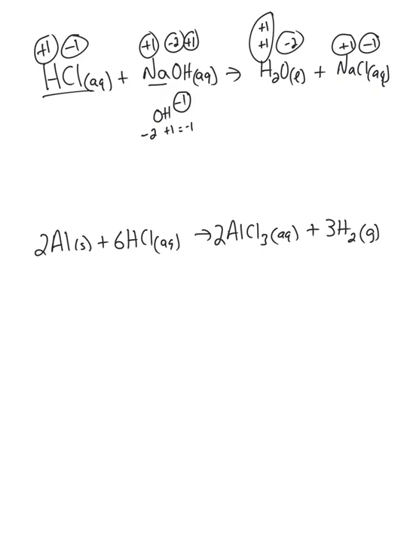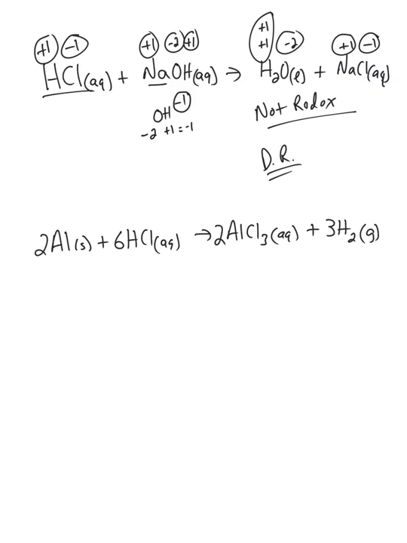So for all the elements, there is no transfer of electrons. So this is not a redox reaction. If the reaction does not have a change in oxidation numbers of any of the elements, it's not redox. Okay? And also remember, this was a double replacement reaction. Two compounds forming two new compounds. Double replacement reactions are not redox reactions.